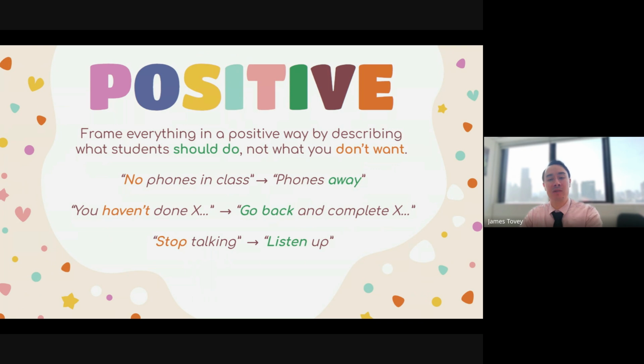Or point them toward what they need to do, not pointing out what they haven't done or missed or done incorrectly, if that makes sense. So instead of "stop talking," we use "listen." That positive language focuses on what we want to do and achieve, rather than being bogged down talking about what we're not doing and what we shouldn't be doing, right?